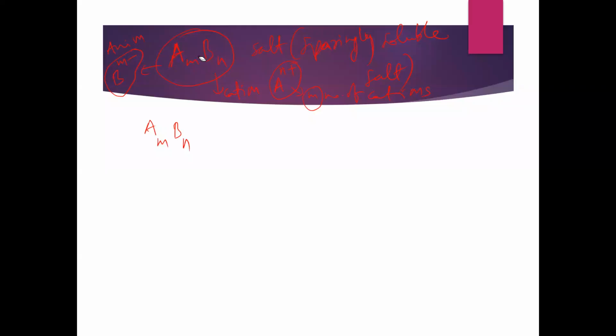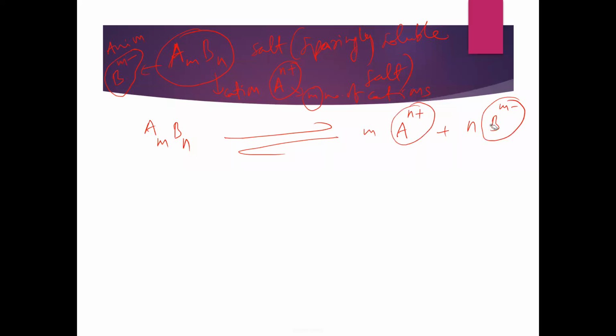So how will the AmBn type of salt dissociate? It gives m number of A plus n cations and n number of B minus m anions. This is the cation, and this is the anion here.